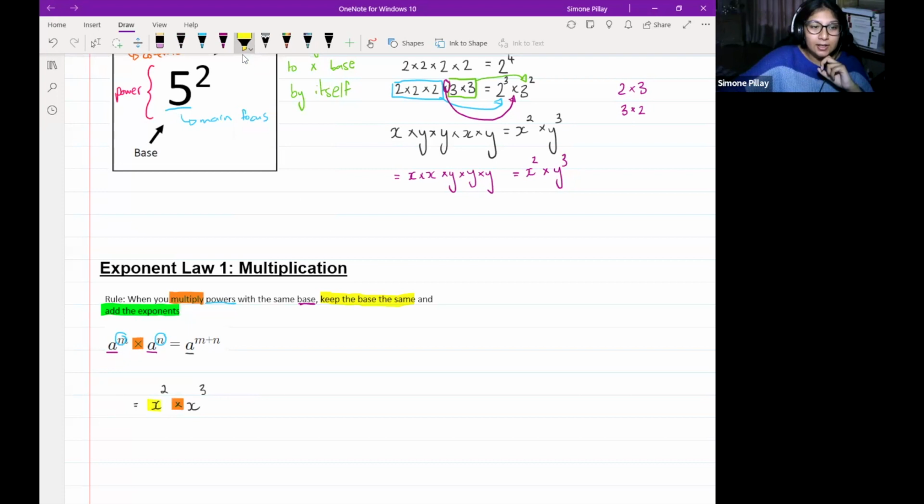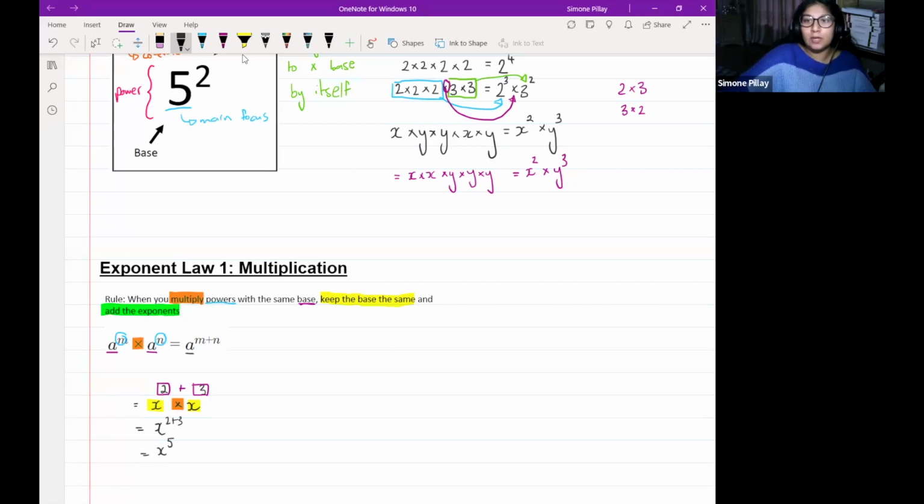I see an x and I see an x. So immediately I know, okay, now I'm going to apply law 1. And what does law 1 say? Law 1 says add my exponents and keep the base. So my answer is going to be x to the power of 2 plus 3, which gives me x to the power of 5.